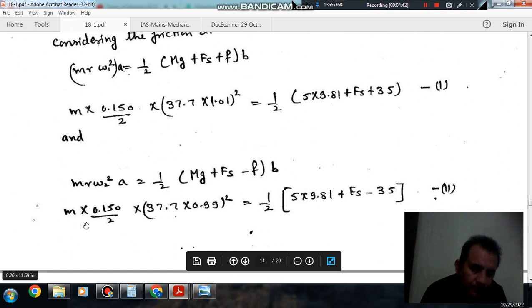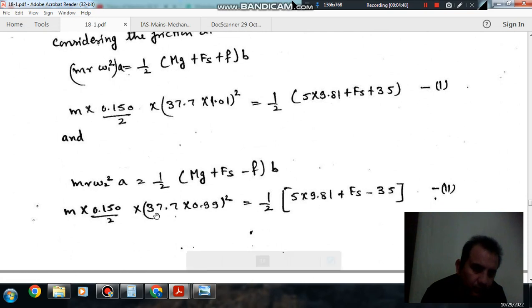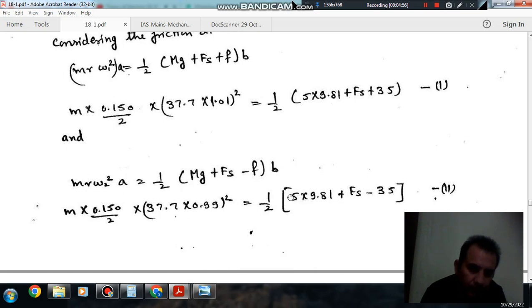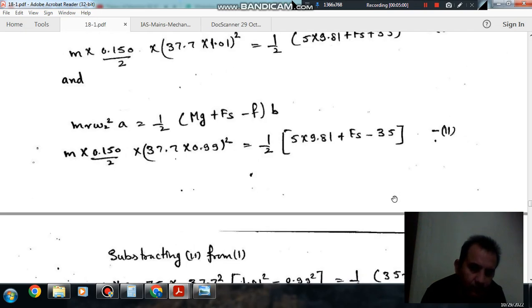So this is m into 0.15 by 2 into 37.7 into 0.99. Here a and b will cancel out, so this will be 1 by 2, 5 into 9.81 plus Fs minus 35.